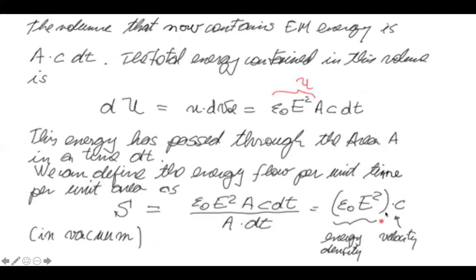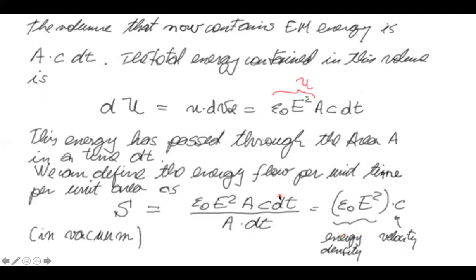So the idea then is that any electromagnetic wave contains energy, and it can be expressed like that. I could also write this in terms of the B field, but it's usually done in terms of the E field because it's the stronger field. But the sizes of the B field and the E field are exactly the same.